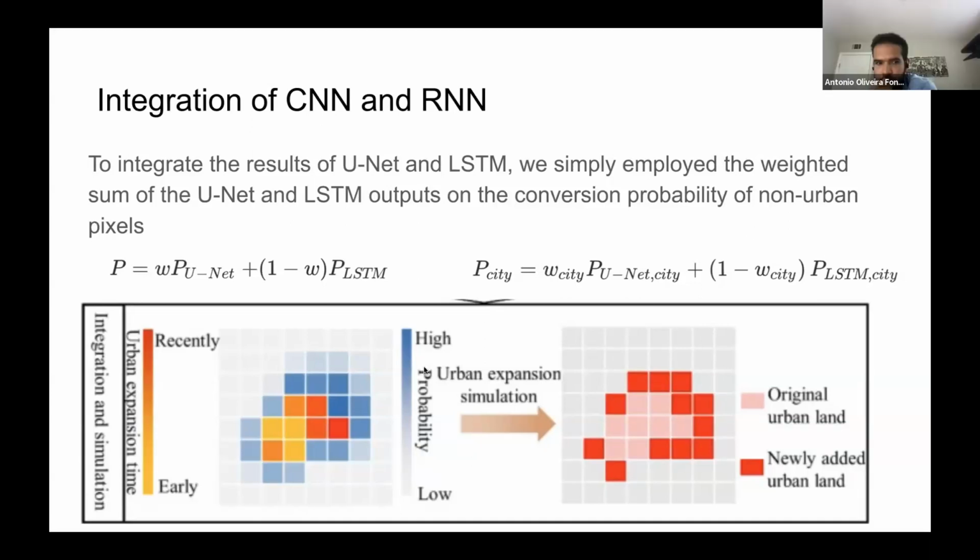Mm-hmm. Yeah, I think I understand the question. Now that you have trained these two independent models, and you're just trying to find what weight you should assign to each of them when doing the integration, should you be doing that in exactly the same data that you use for training, or should you be finding this weight combination in your target data set? I think the answer is that you should be doing that in your training set.